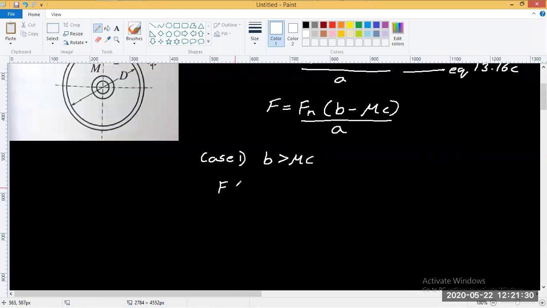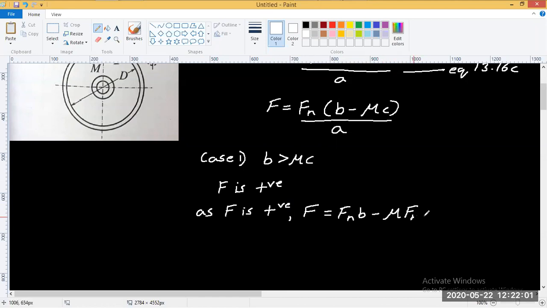So F is positive, and as F is positive, you can say force F equals Fn times b minus mu Fn c, all over a.